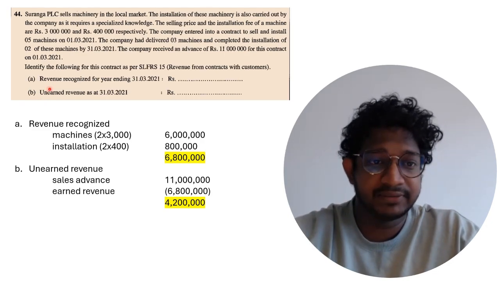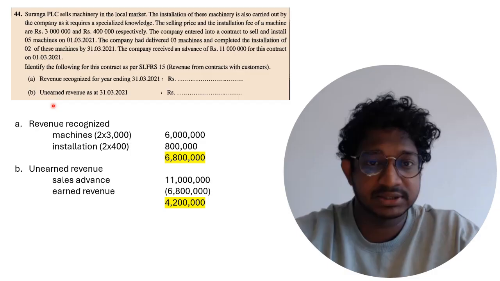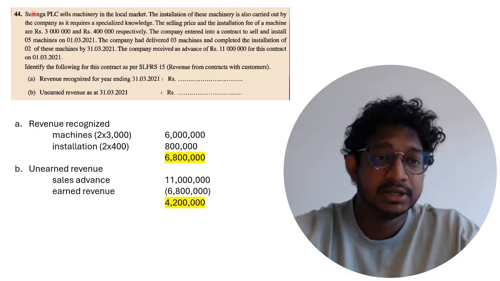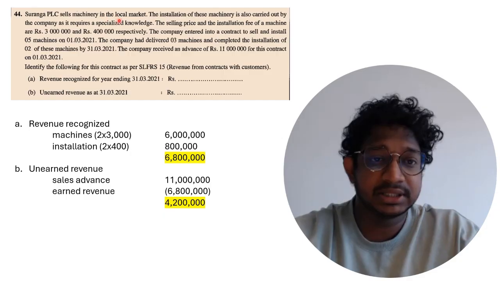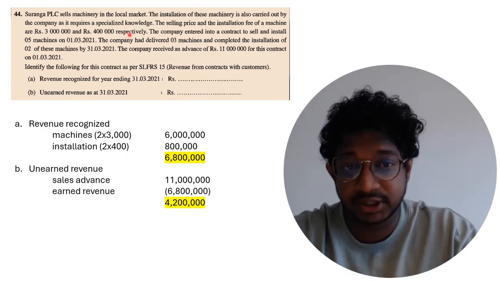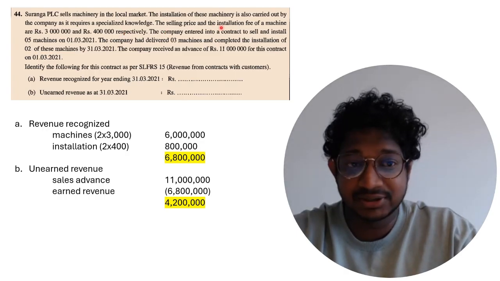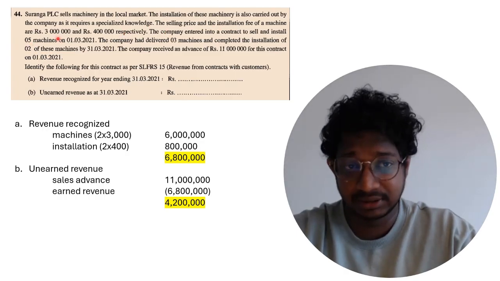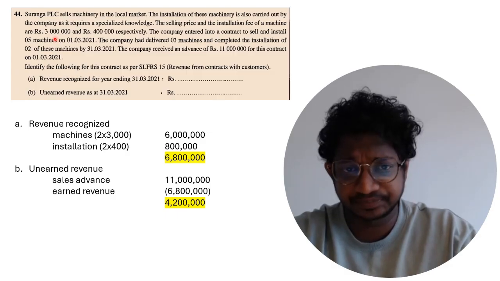44, they ask about revenue and unearned revenue, based on SLFRS 15. Suranga PLC sells machinery in the local market. The installation of these machines is also carried out by this company and it requires specialized knowledge. The selling price and the installation fee of these machines are 3,400,000.